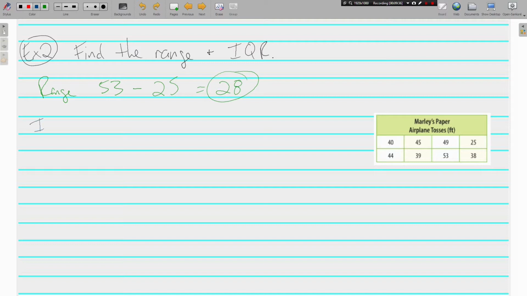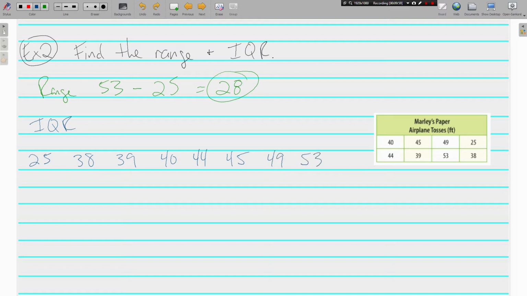Now the interquartile range, need to order the numbers from least to greatest, and we know our lowest is 25. We also have 38, 39, 40, 44, 45, 49, and 53.